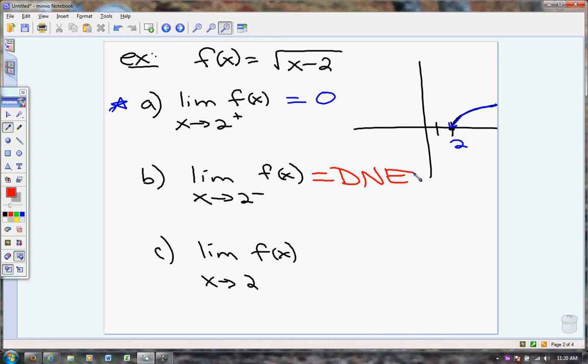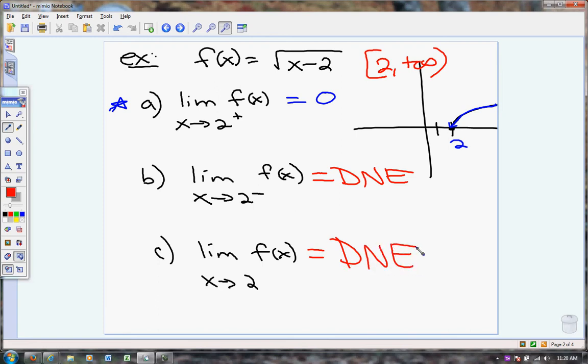If we looked at the domain of this function, wouldn't the domain of this function be 2 to positive infinity? Wouldn't that be the domain? Well, it doesn't exist over there. There's no function, so there's no function values. So with that in mind, what is the answer to C? It does not exist because the left and right-hand limits are not the same.